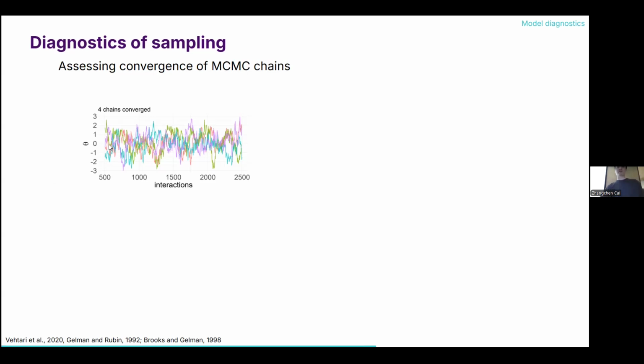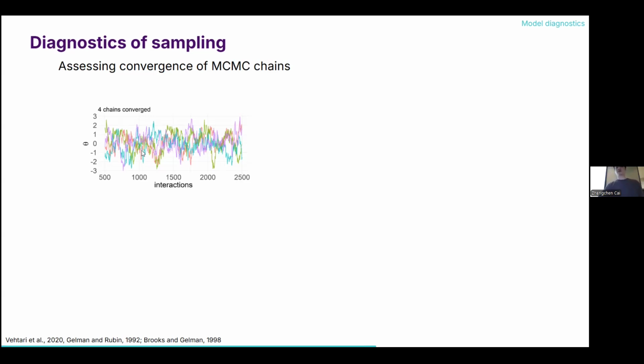Here I showed you previously the trace plot of each chain. Imagine I have 4 chains and I randomly start at one location in this high-dimensional space. And then I start sampling, right? Here I got 2,500 samples.